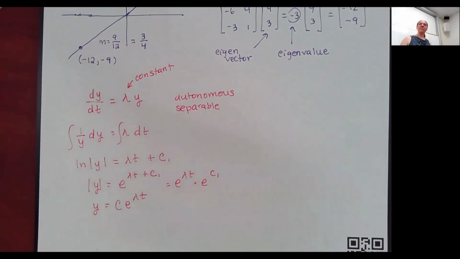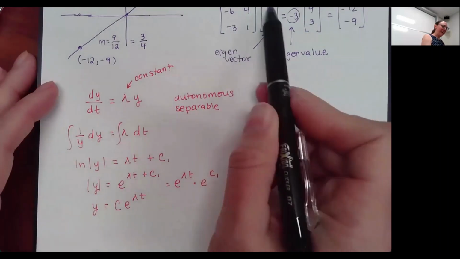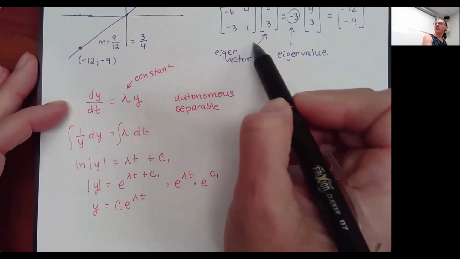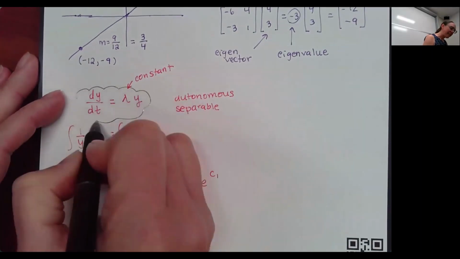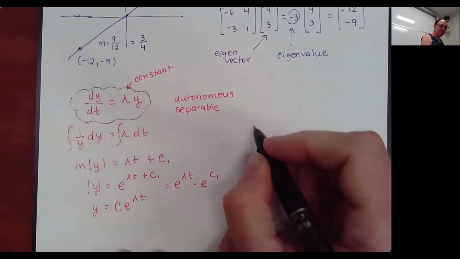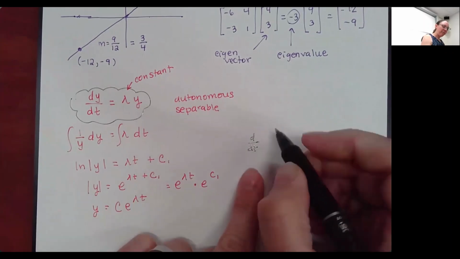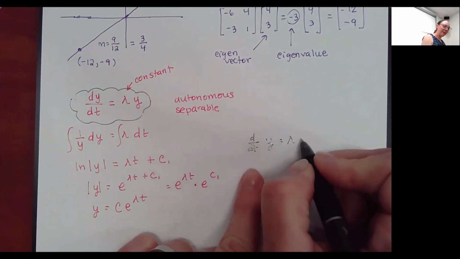So it turns out that if I have a system of differential equations, and I can write that system of linear differential equations in a matrix form, then having something that looks like a derivative of y is equal to lambda times y.